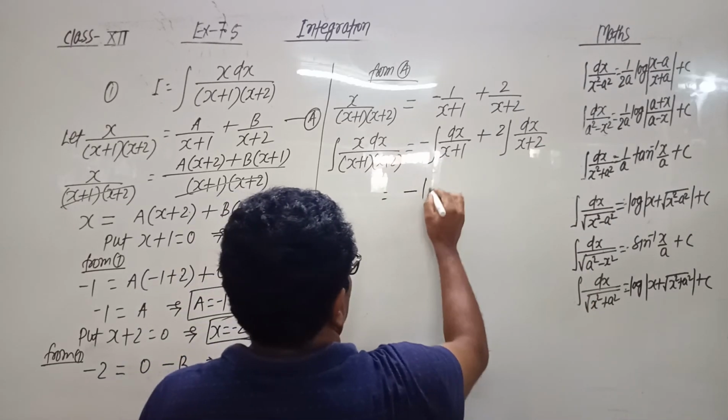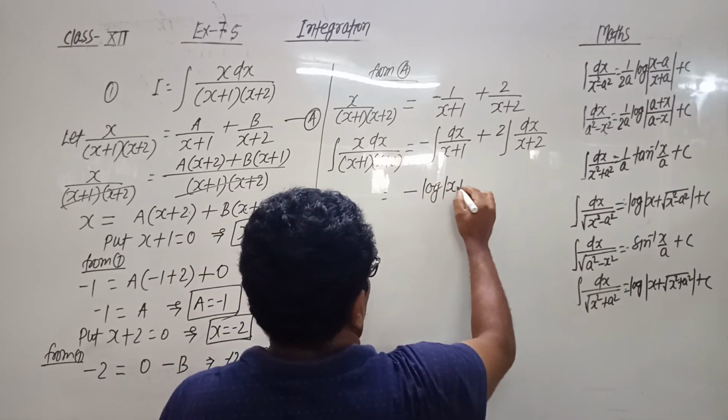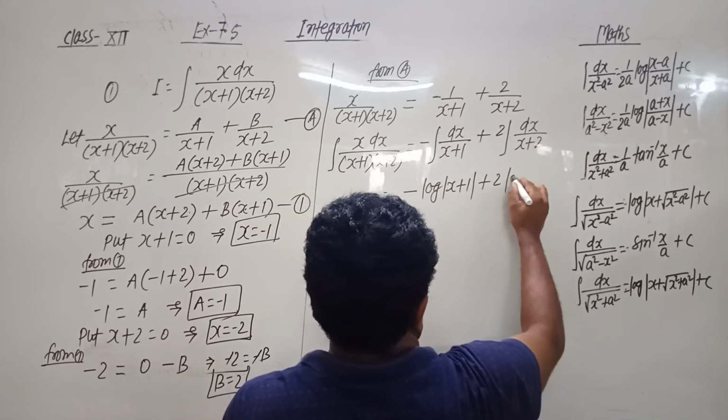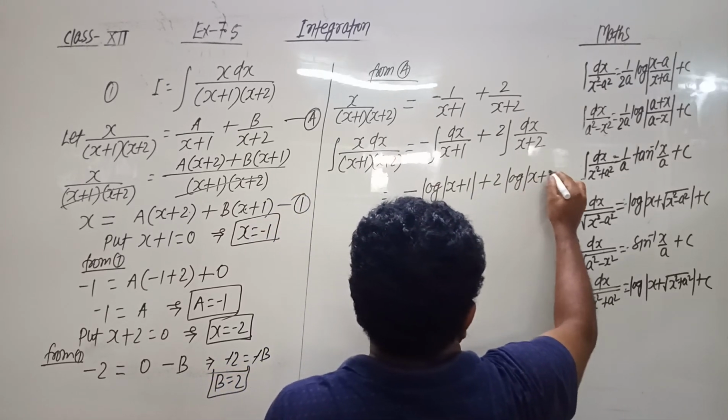So we get minus log x plus 1 and plus 2 log x plus 2.